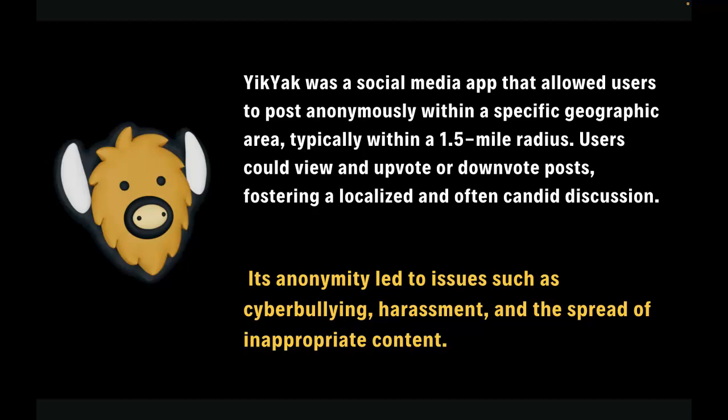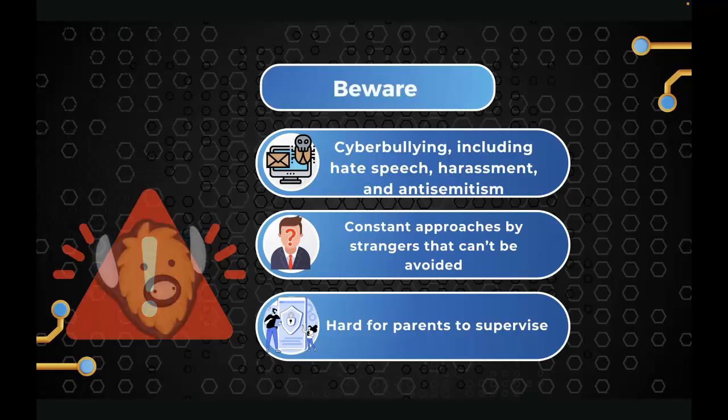Let's look at an app that's available. Yik Yak is an older app, but it was removed from the market in 2018 and then brought back in 2021. There are still some issues with it, even though it has been updated. These issues are cyberbullying, harassment, and of course the spread of inappropriate content.